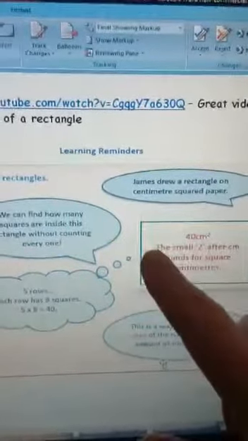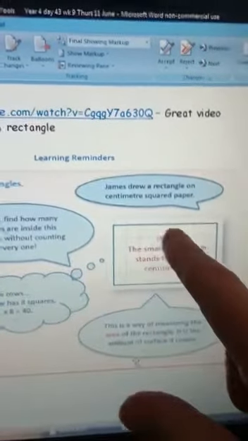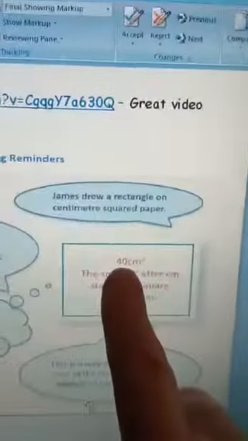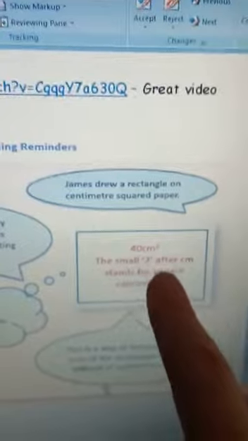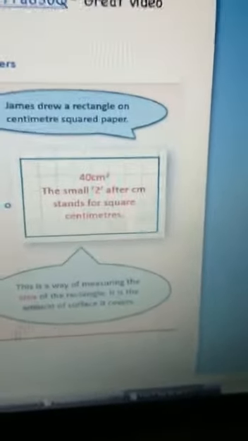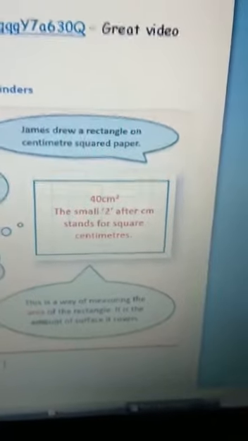So this one's 1, 2, 3, 4, 5 squares down. 1, 2, 3, 4, 5, 6, 7, 8. So 8 times 5 gives you 40 square centimeters. Okay. Don't forget to put the small 2 after the centimeters. It stands for square centimeters.